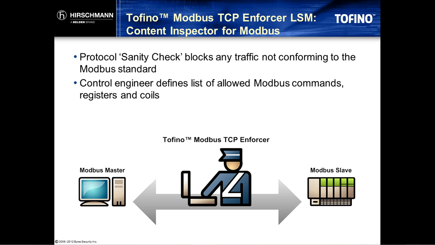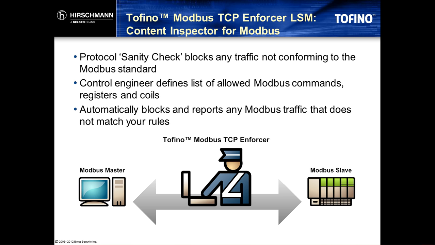Next thing it does is that it gives the control engineer a facility to specify which function codes he wants each Modbus master device to be able to issue to a protected Modbus slave. Not only that, but for many of those function codes, the engineer can also specify which coil or register addresses each Modbus master device is allowed to access with those function codes.